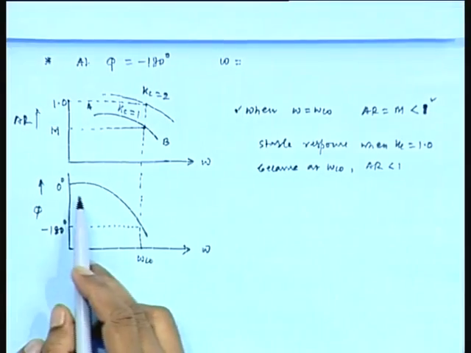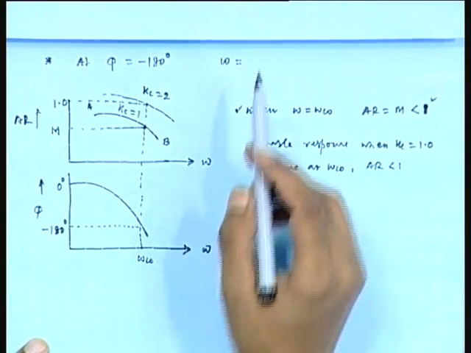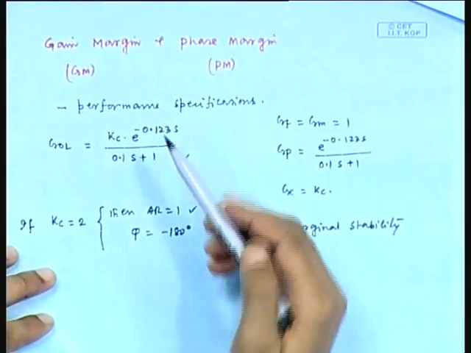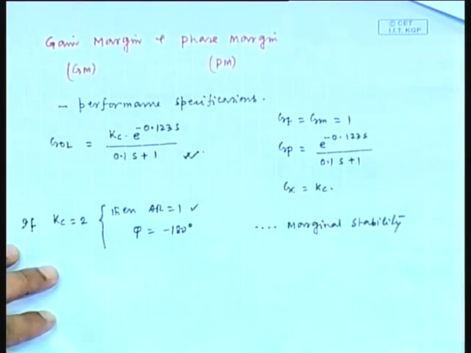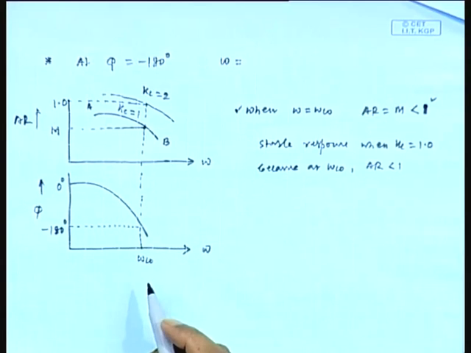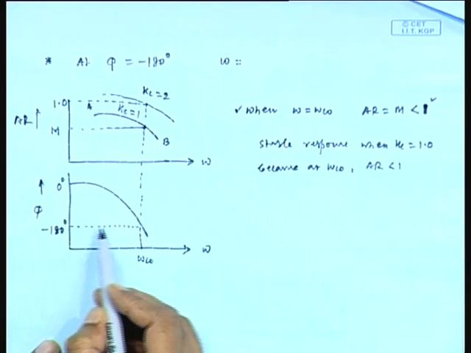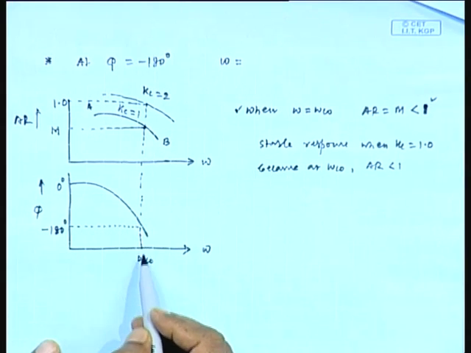I am repeating again the steps. This is phi versus omega plot for this example system. Now, crossover frequency is the frequency which is obtained at phi equals minus 180. So, we consider phi equals minus 180, corresponding omega is crossover frequency.